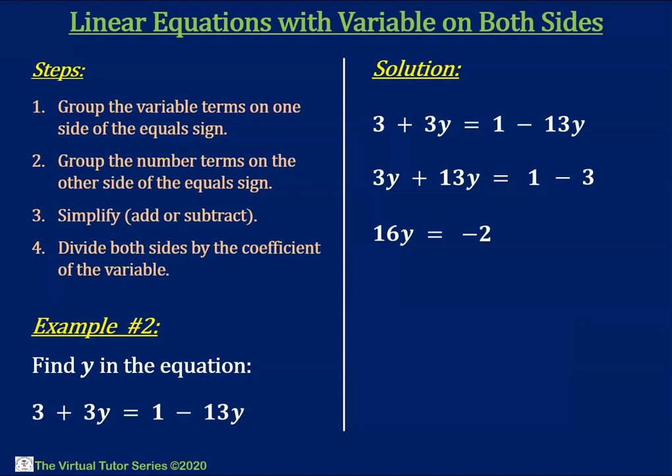Now, let's divide both sides by the coefficient of y. The coefficient of y is 16. So we have 16y divided by 16 at the left-hand side and negative 2 divided by 16 at the right-hand side.